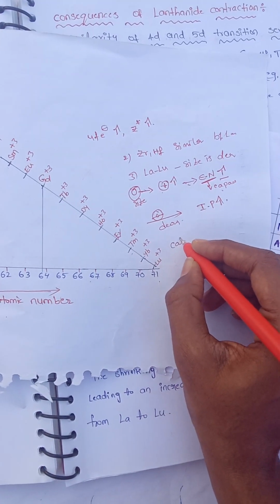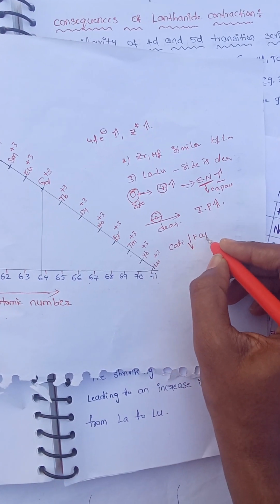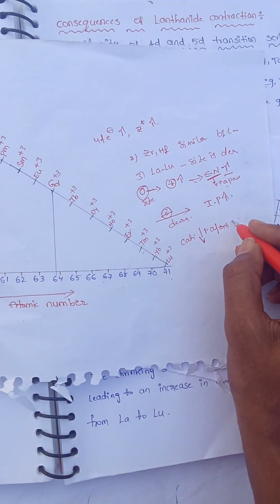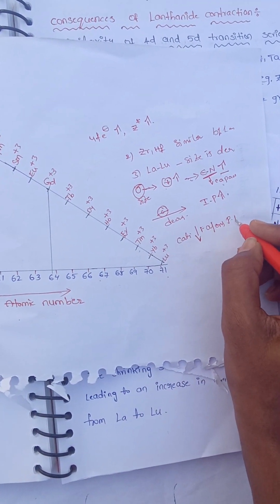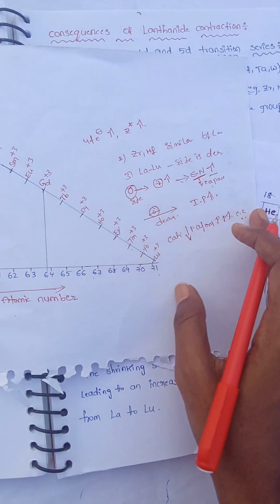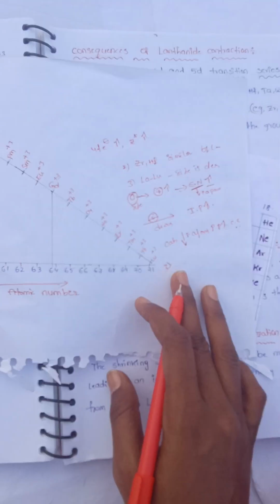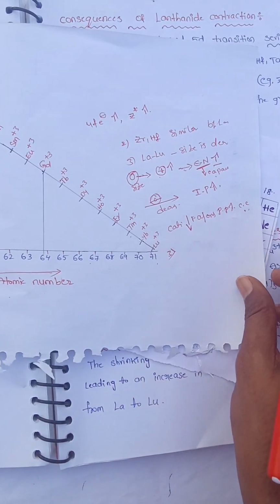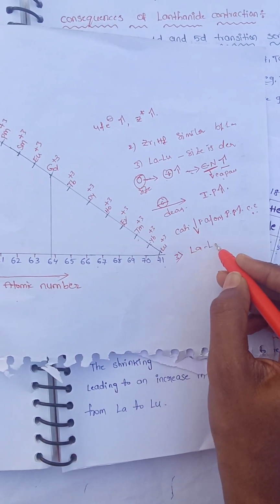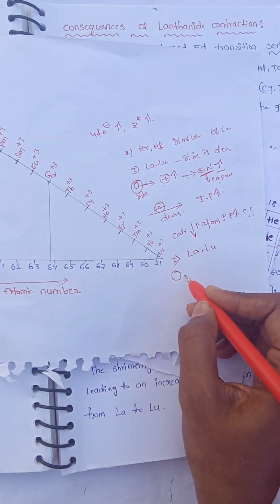In this, cation size also increases. According to Fajan's rule, polarizing power increases and covalent character also increases. And another property is from lanthanum to lutetium, size decreases.